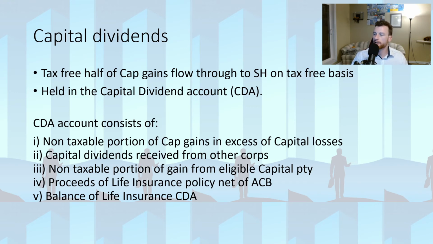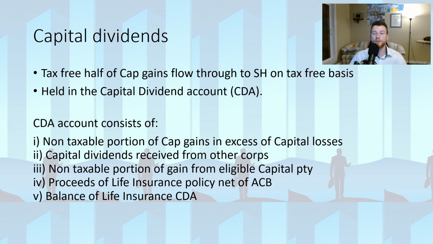The CDA includes the non-taxable portion of any capital gains which are in excess of the capital losses. It also includes any capital dividends received from any other corporations. It also includes the non-taxable portion of any gain of any other eligible capital property.